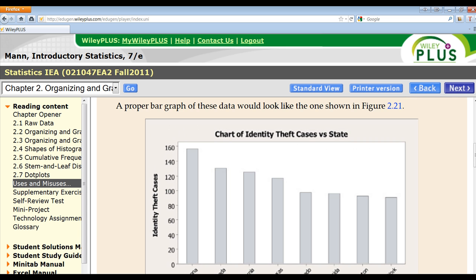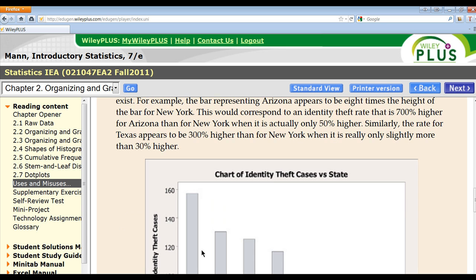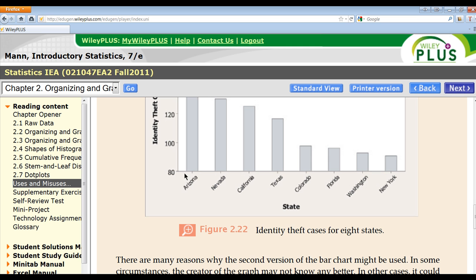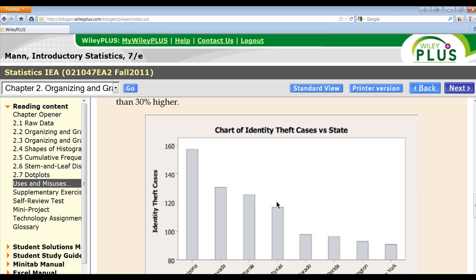So if someone gave you this graph, it's not wrong, it's correct. But if you look at it, what might you conclude? That Arizona is almost double Nevada. But the difference is just 160 versus 130 something. So it's not anywhere near double, but it looks like it might be.